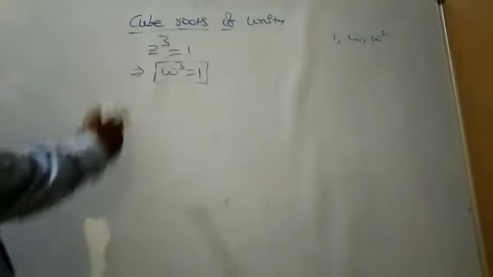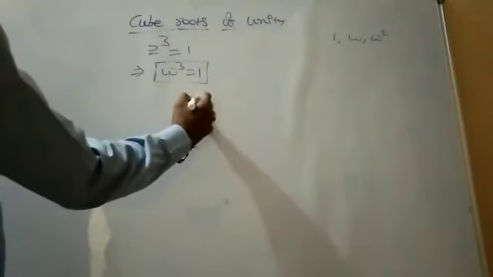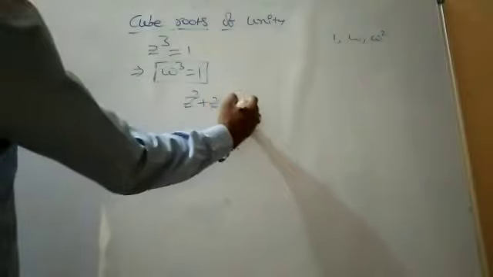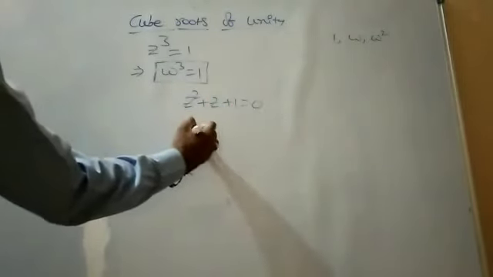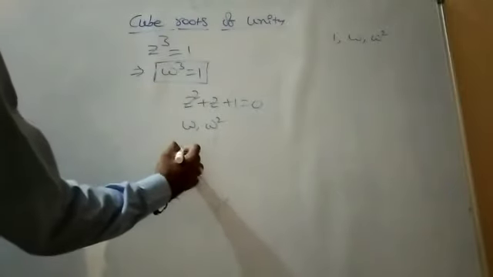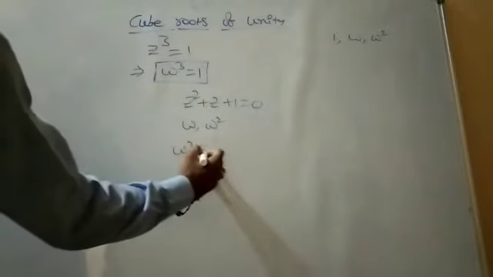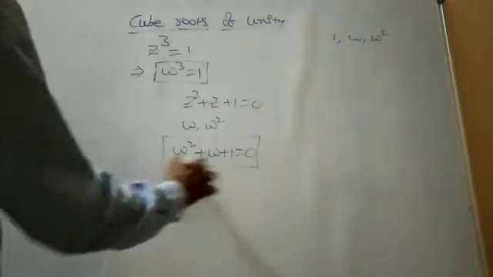The next, after some simplification we got one equation. What is that? z square plus z plus 1 is equal to 0. For this equation we got the roots omega and omega square. Omega and omega square must satisfy the above equation. You can substitute here: omega square plus omega plus 1 equal to 0.